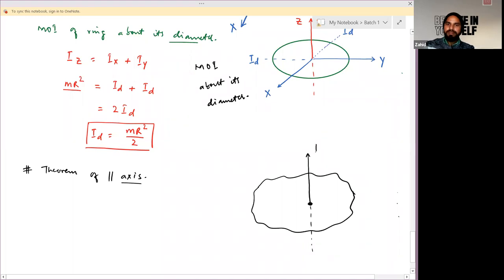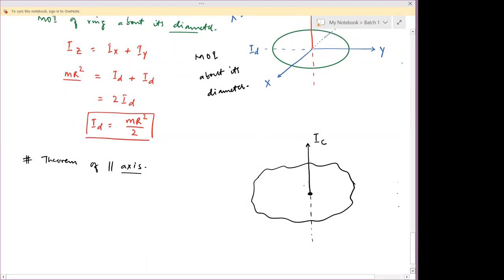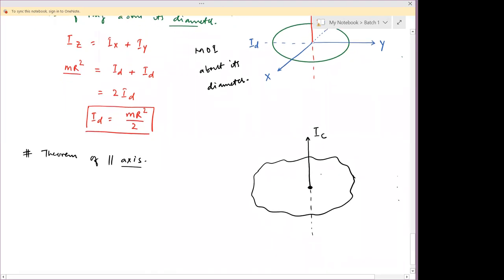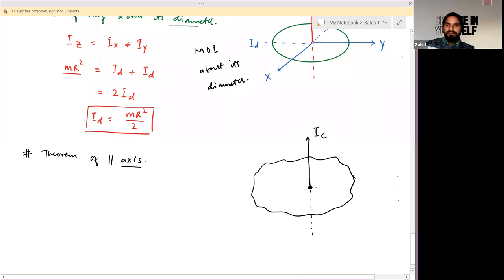So this will be moment of inertia about center of mass, IC.